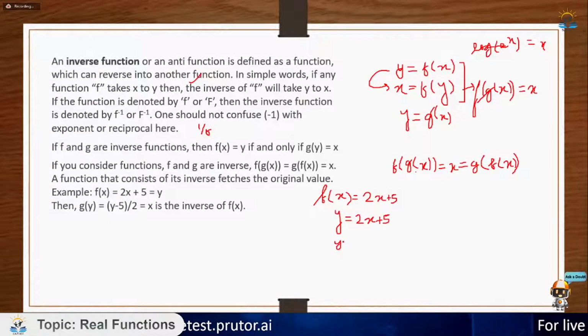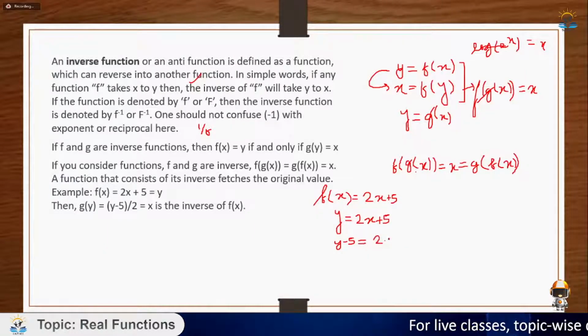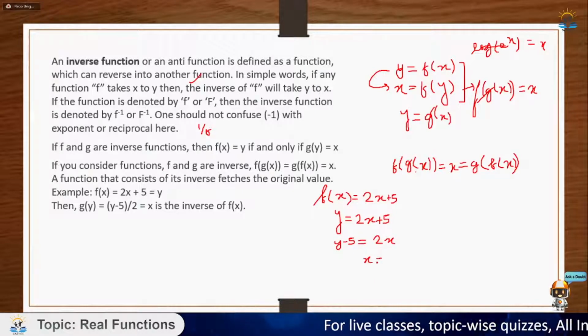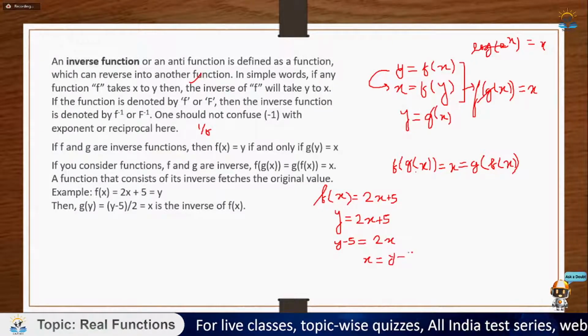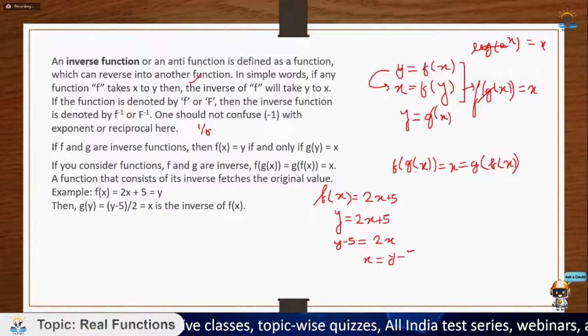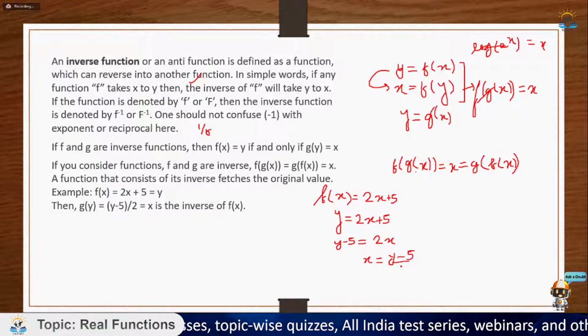Take 5 that side. So it will be y minus 5 equal to 2x, or x equal to (y minus 5) by 2. Okay.